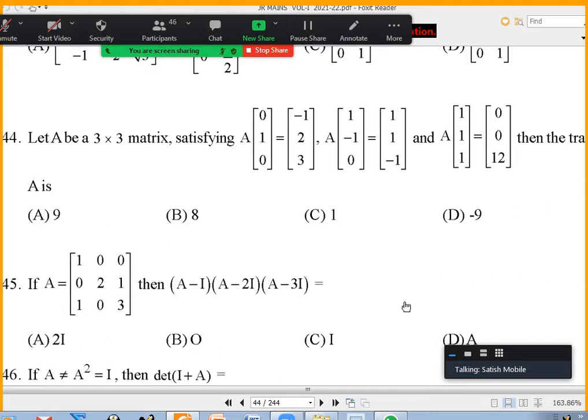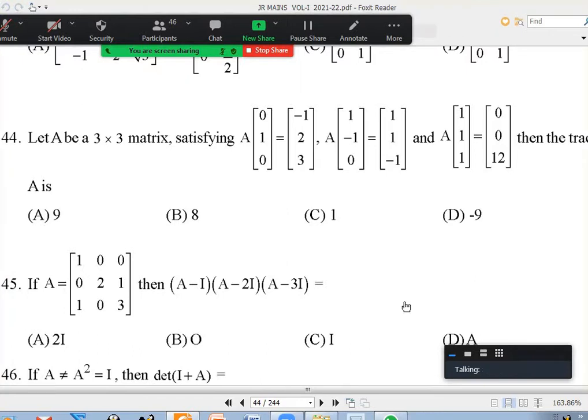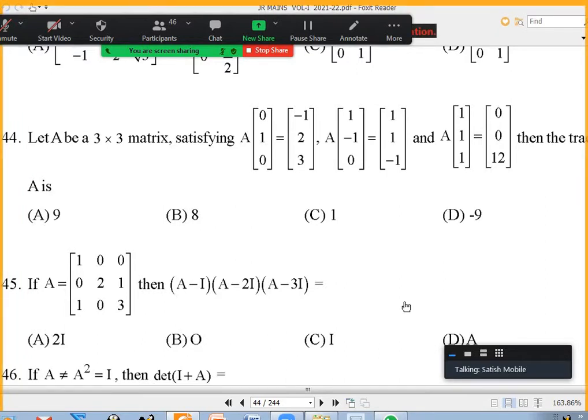But the second equation, 1 minus 1, 0 is equal to 1, 1 minus 1. And the third one, A, B, C, D, E, F, G, H, I into 1, 1, 1, 0, 0, 1.